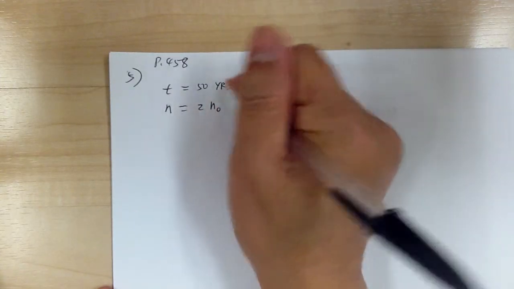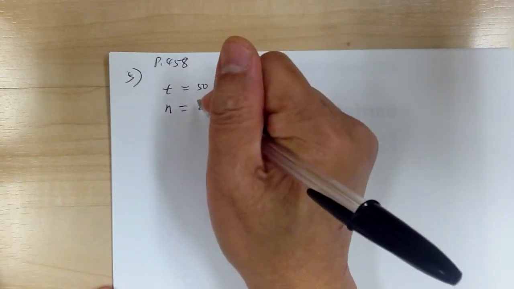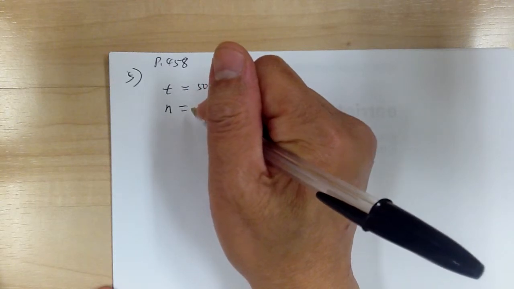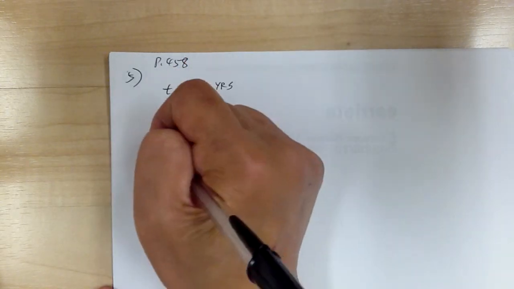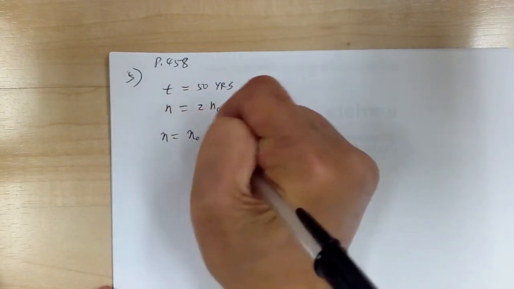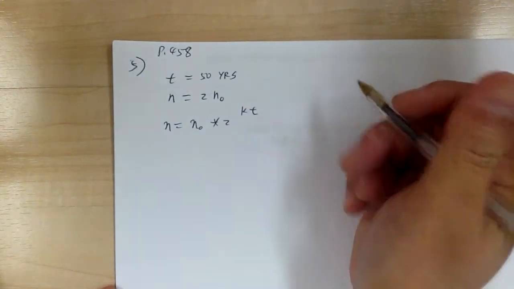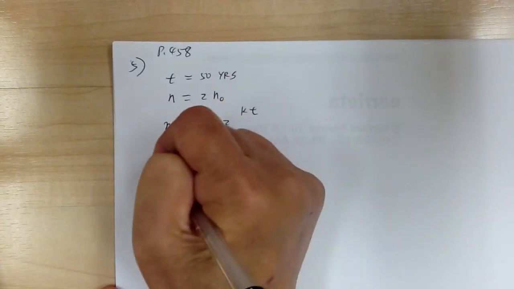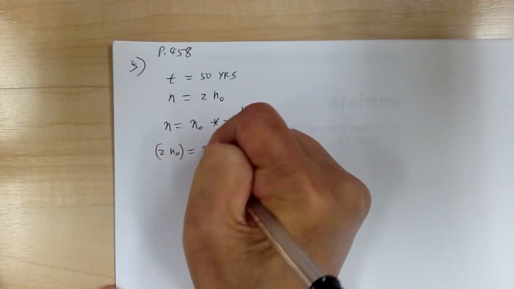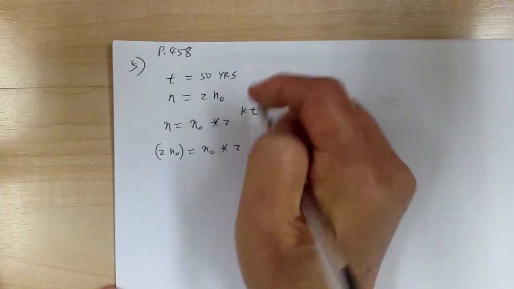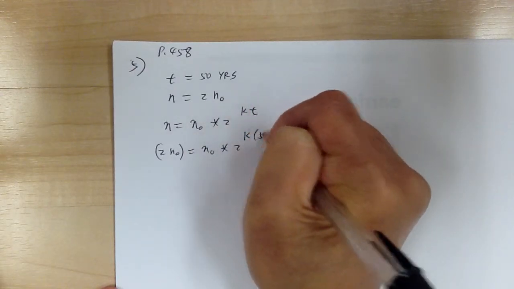From here, using this information, you need to find the constant k. So you have n equal to n0 times 2 to the kt, and n is 2 times n0 and k times 50.